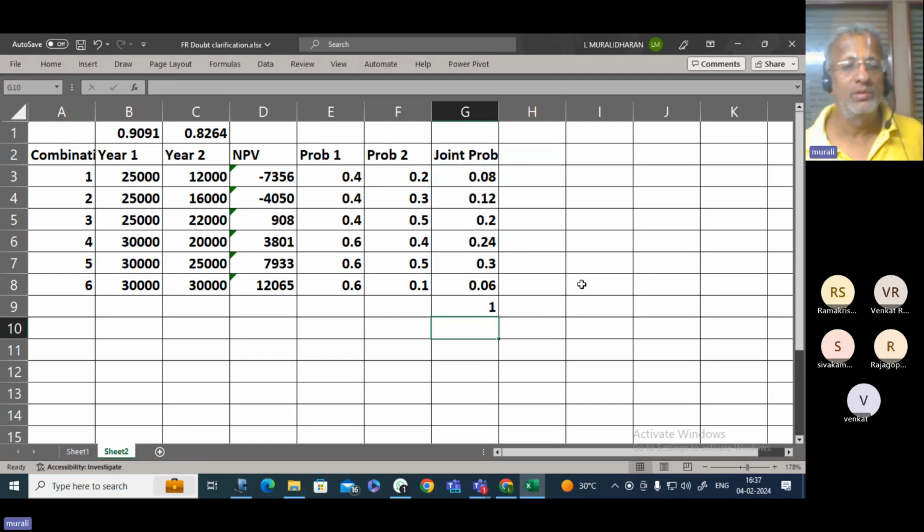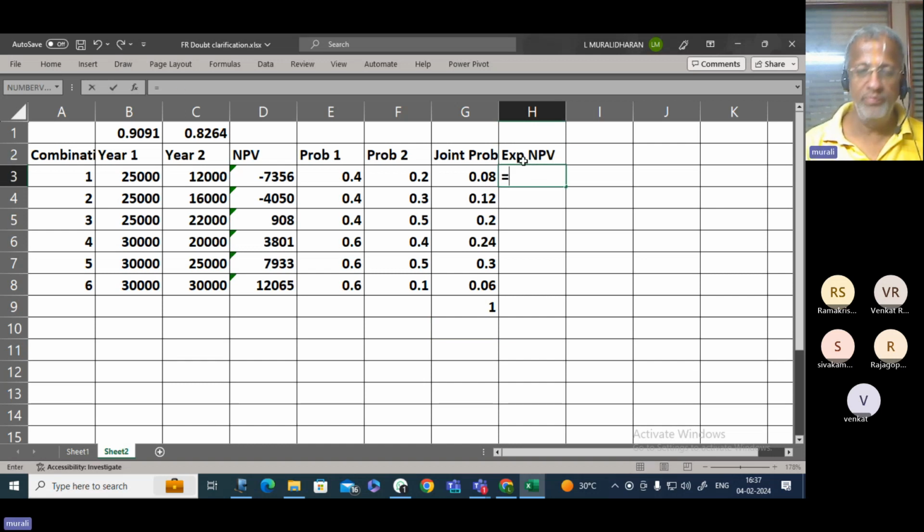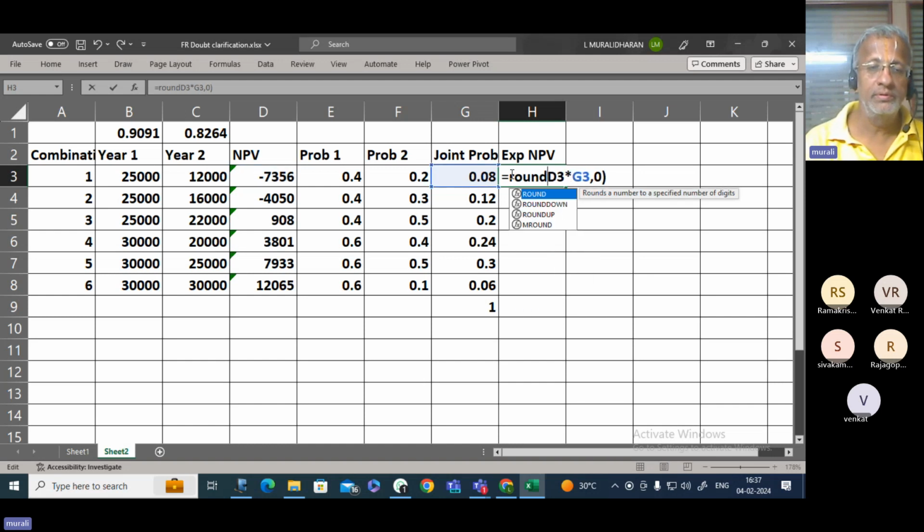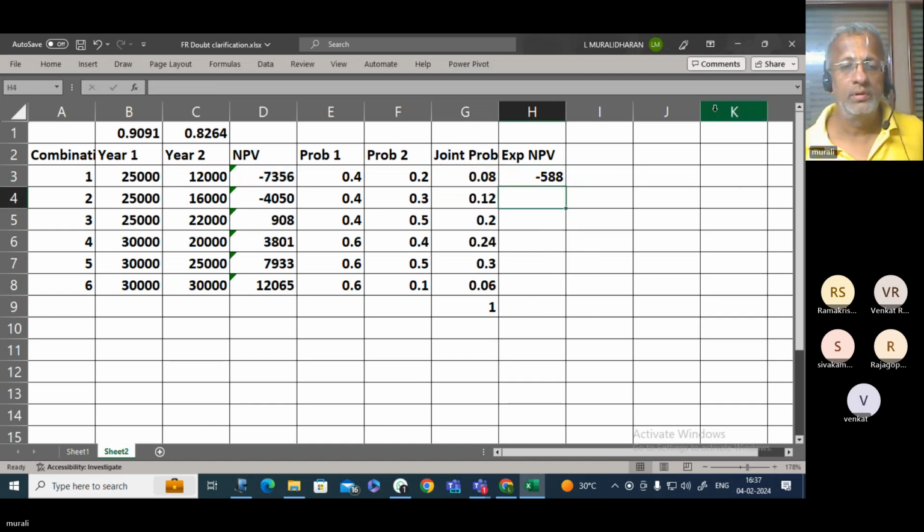The sum of that should be 1. Now, expected NPV. Expected NPV is NPV multiplied by joint probability. We will round it off and arrive at 3124 as the expected NPV.